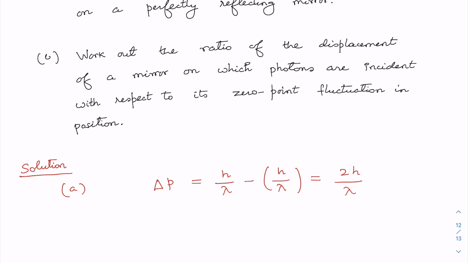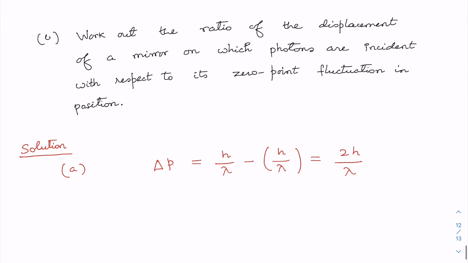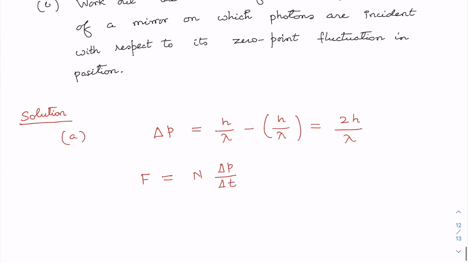So that is the change in momentum. The radiation pressure force imparted by a steady stream of photons, suppose the stream has n number of photons, then the force would be equal to n into rate of change of momentum per photon. So this is the total force.